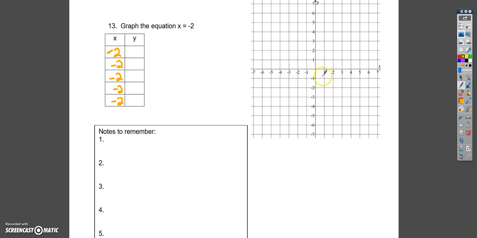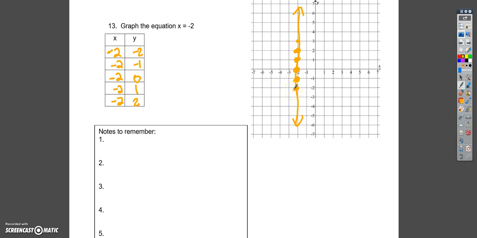So if x is -2 every time, it doesn't matter which y values we pick, so we can pick any that we want. Let's say -2, -1, 0, 1, and 2. So the points are -2, -2; -2, -1; -2, 0; -2, 1; -2, 2.